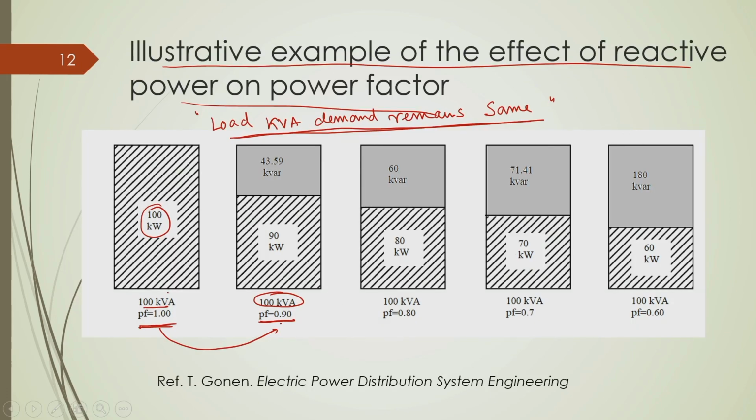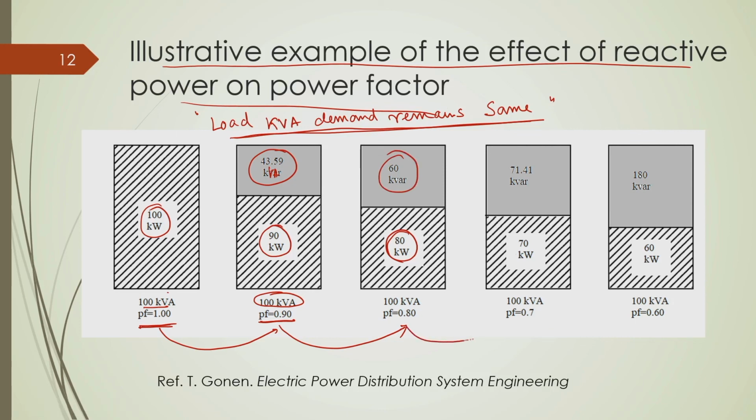In this scenario you will see that the real or active power is reduced from 100 to 90 and the reactive power is increased from 0 to 43 kVA. Further, suppose the power factor is reduced to 0.8. You will see that the active power is reduced to 80 kilowatt and the reactive power is increased to 60 kVA.